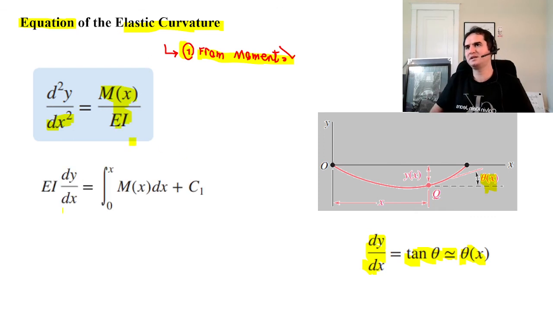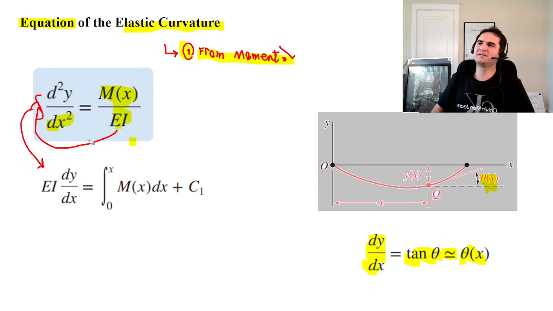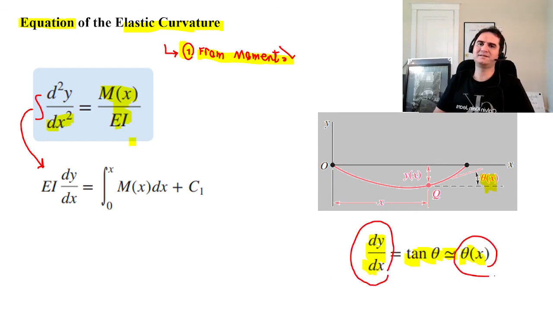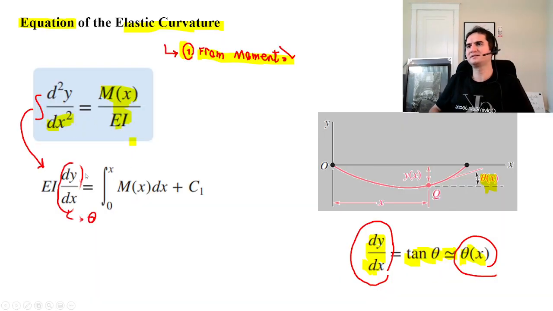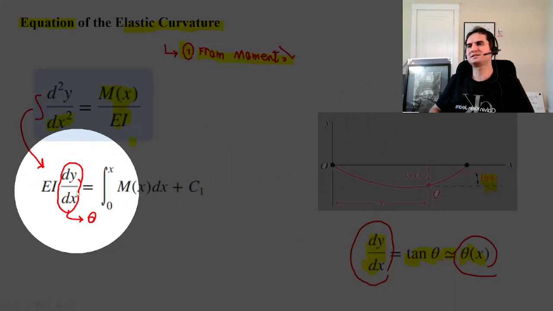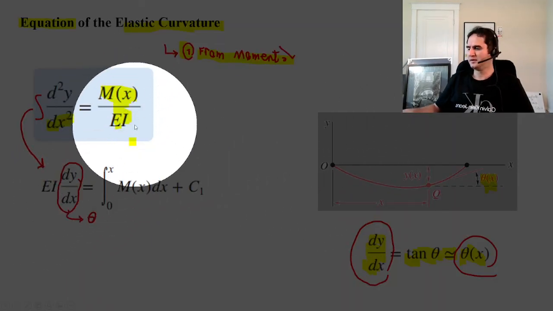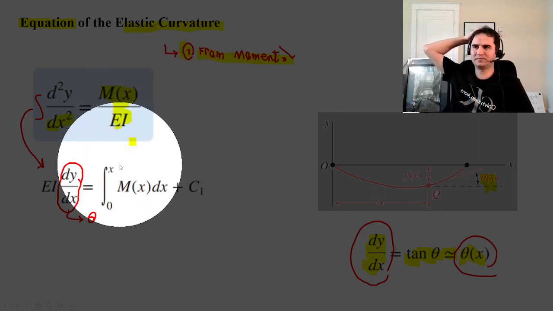So if we take the EI here and integrate the equation of moment, it gives us EI dy over dx, and dy over dx is equal to theta, so we can call that theta.